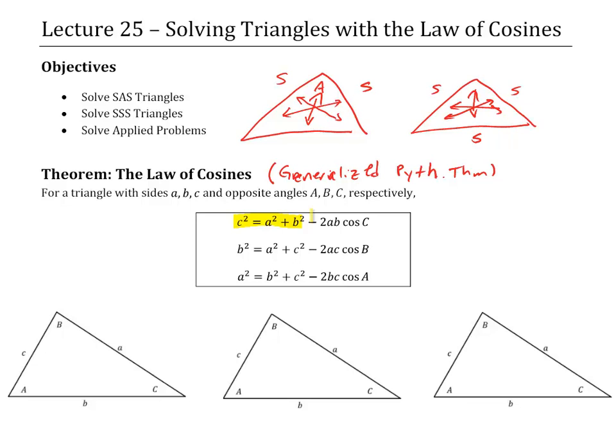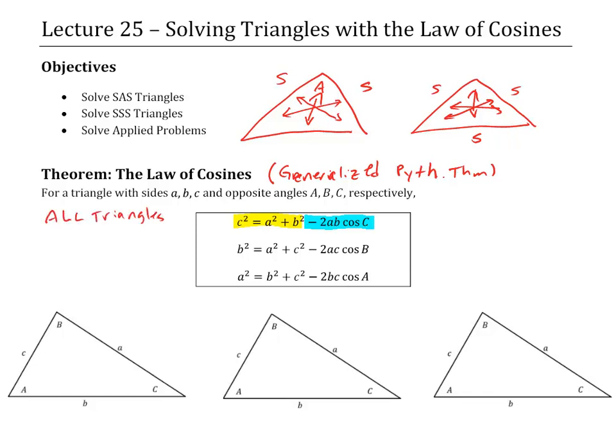It is the additional term off to the side here that makes it the law of cosines. And the point of the law of cosines is that it applies to any triangle. The Pythagorean theorem only applies for right triangles. This works for all triangles.